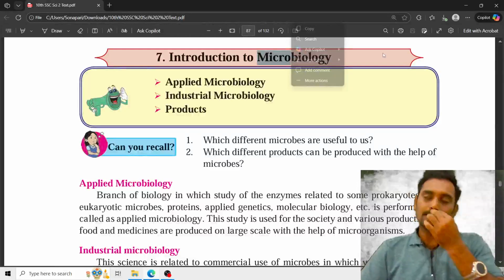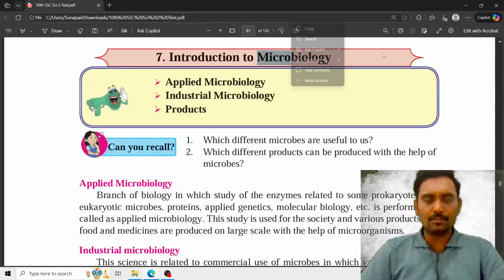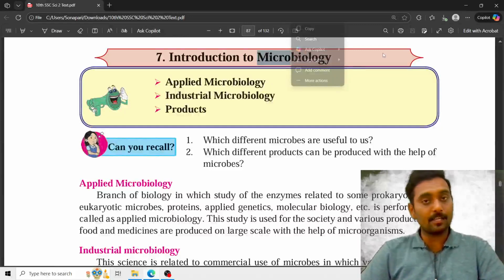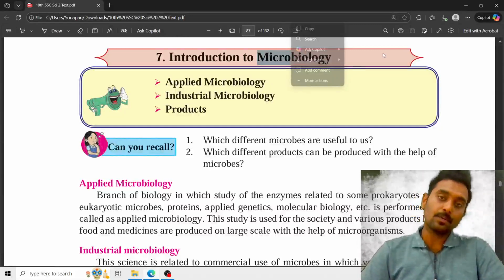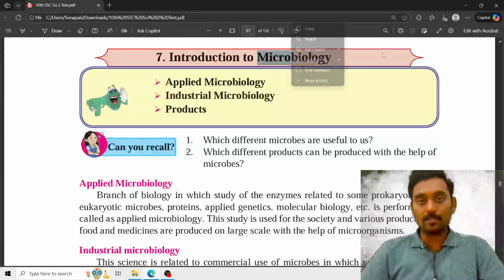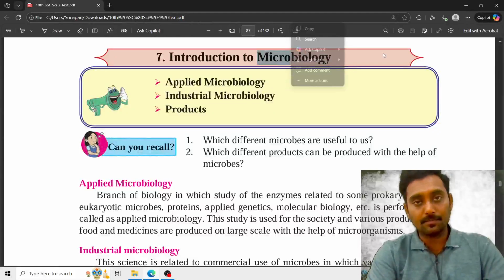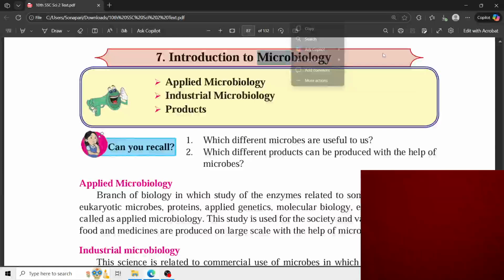Okay, so we need yogurt, we need curd, correct? That curd is not possible to make by a traditional process. So to make this possible, we use some industrial processes.